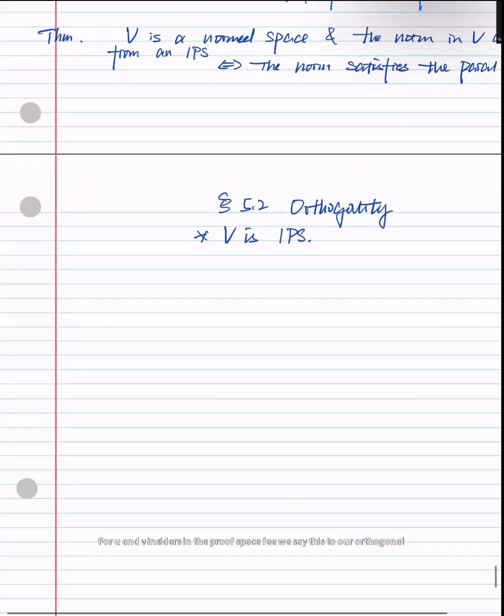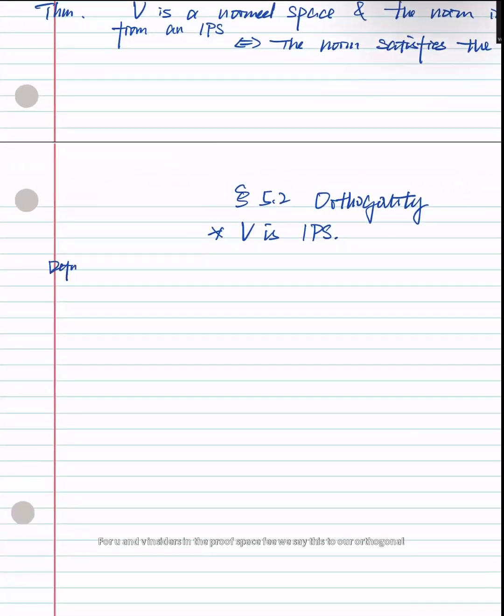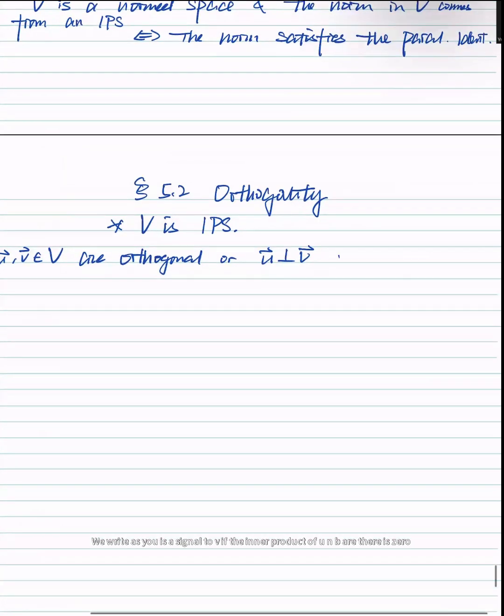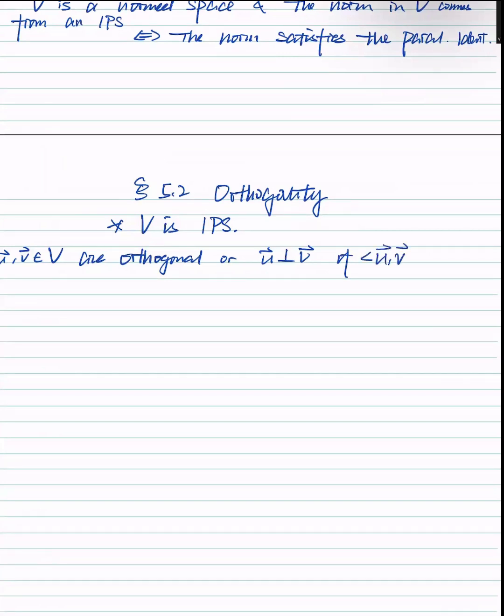So, definition: for u and v inside this inner product space V, we say these two are orthogonal, or we write u is orthogonal to v, if the inner product of u and v is 0.